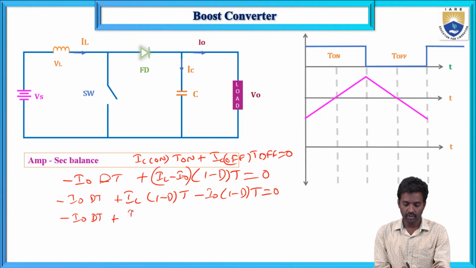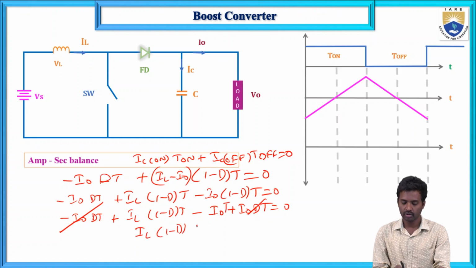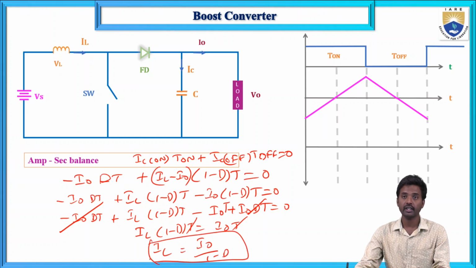So IL (1 minus D) into T minus I naught plus I naught into DT equals 0. This is minus and this one is plus, and it gets cancelled. So IL into (1 minus D) T equals I naught into T. T gets cancelled, and IL equals I naught by (1 minus D). So this is the inductor current.